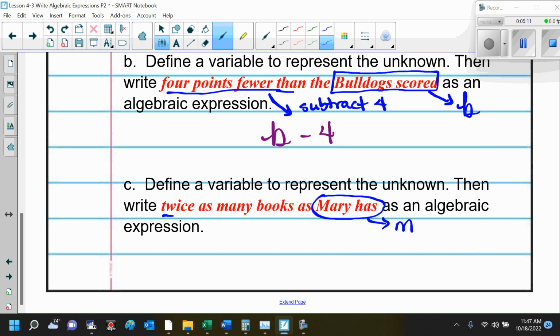Twice as many, right? What does twice as many mean? Multiply. And specifically multiply by what? 2. Very good. Multiply by 2. Make sure you write down that. That's the word. So how do I write twice as many books as Mary has?